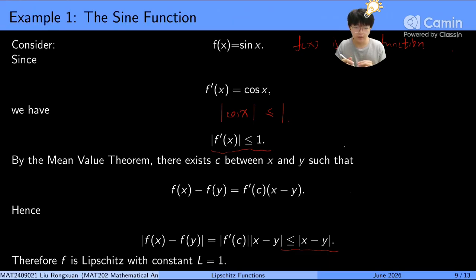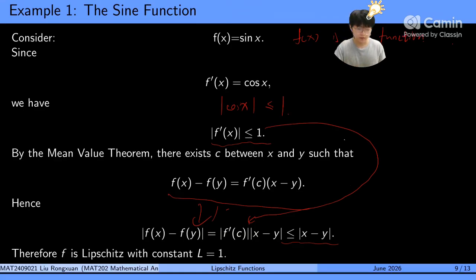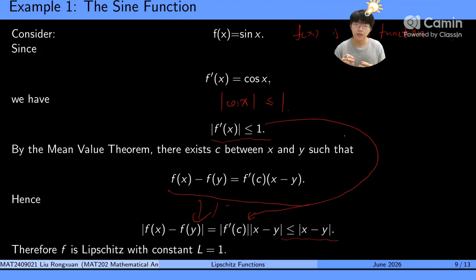There is a point c between x and y such that f(x) minus f(y) equals f prime of c times x minus y. Plugging this in, we get that it is less than or equal to the distance between x and y. Therefore f(x) is a Lipschitz function with constant L equal to 1.